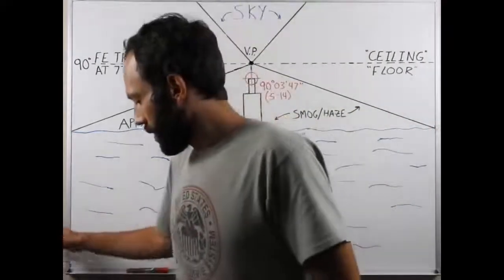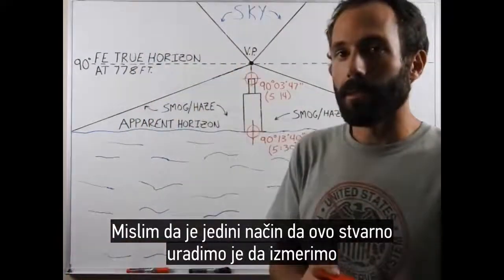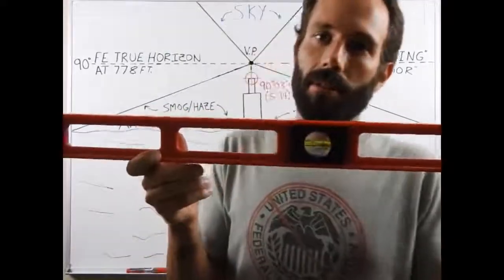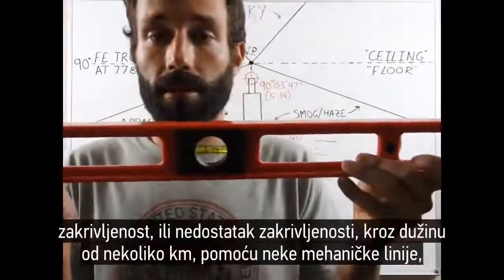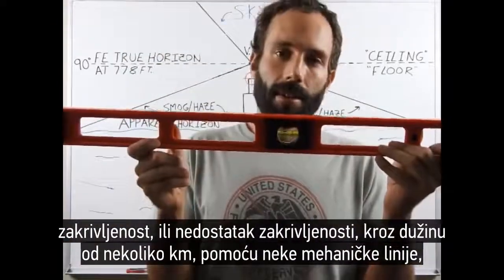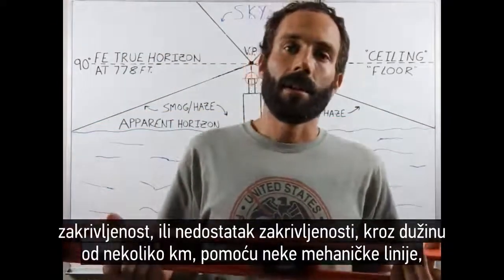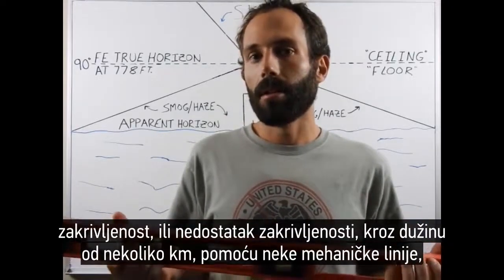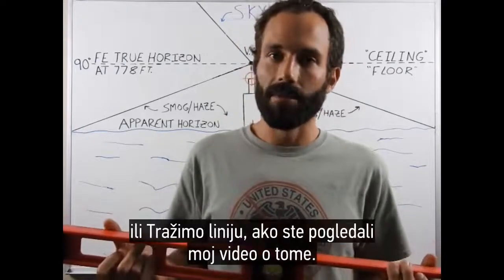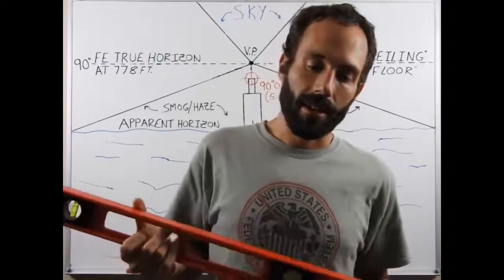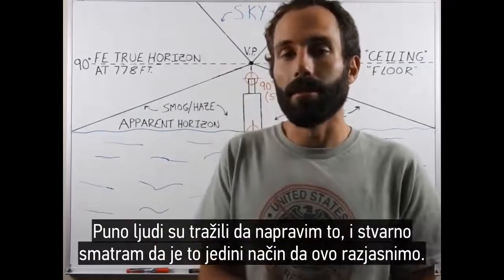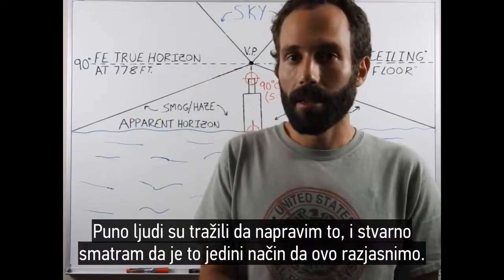And so, I think the only way to really do it is to measure the curvature or the lack of curvature over a few miles with some type of mechanical line or laser align, if you've seen my video on that. A lot of people have been asking me to do that, and I think it really is the only way we can truly get to the bottom of this.